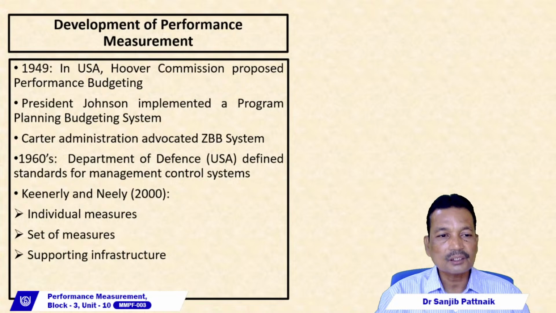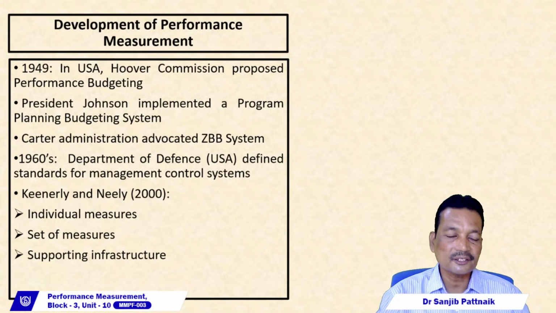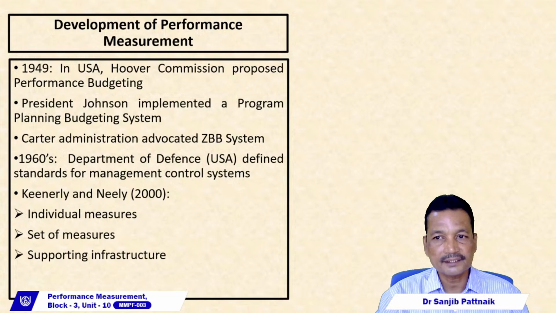In the year 2000, Kennerley and Neely said that performance measurement should consist of the following things. What are the following things? Now, first is individual measures.